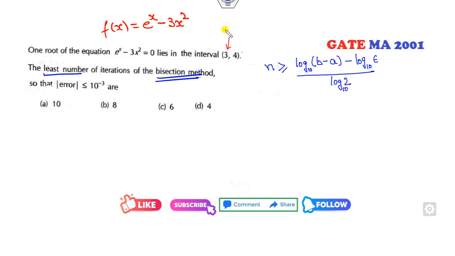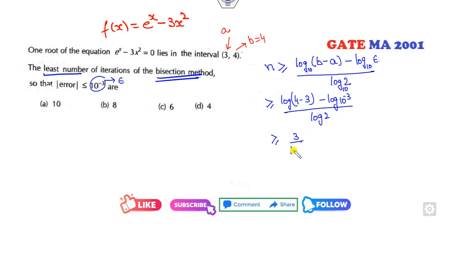Fine. What are a and b? These are the interval: a is 3, b is 4. What is epsilon? This is my error. So if I substitute here, log of 4 minus 3 minus log of 10 raised to power minus 3, divided by log of 2. Log of 1 is 0, and log of 10 to the minus 3 gives plus 3, divided by log of 2.